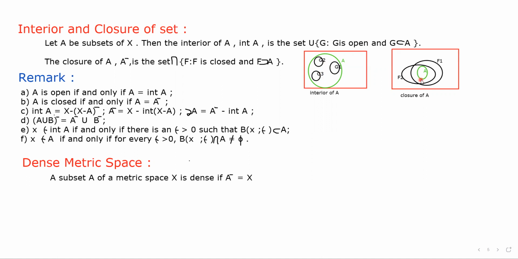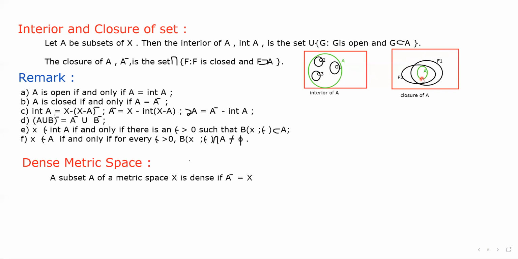And here the closure of A. This is our X, this is A, this is F1, and this is F2. So here the closure of A equals the intersection of F1 and F2. Here we can notice that F1 and F2 are supersets of A, which means A is a subset of F1 as well as F2.